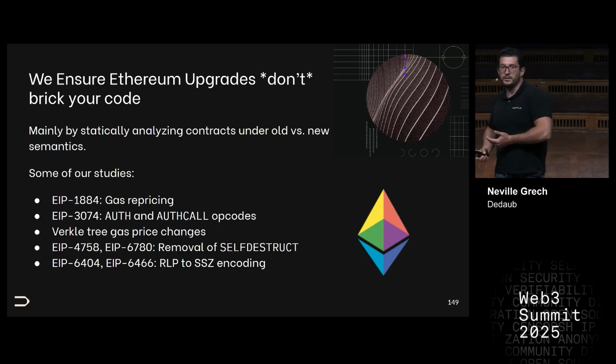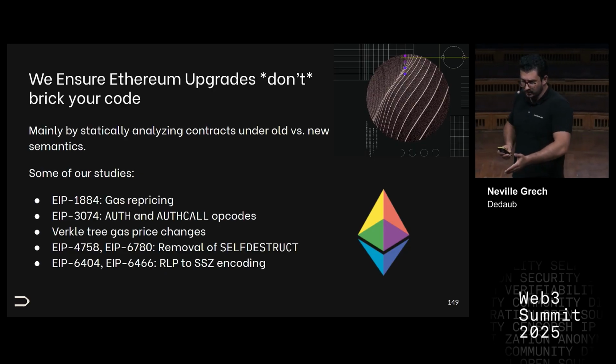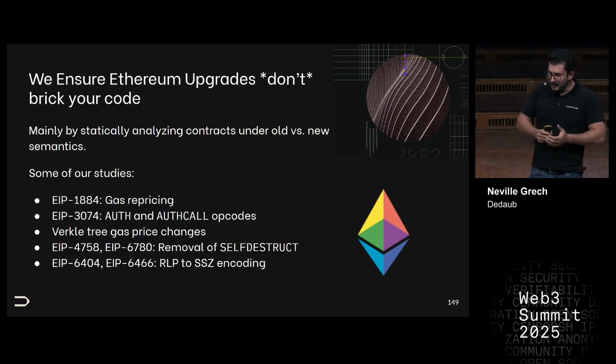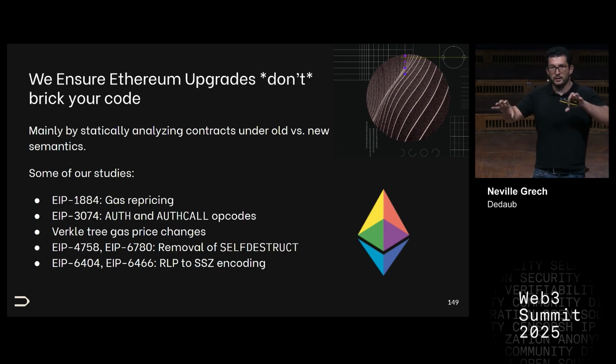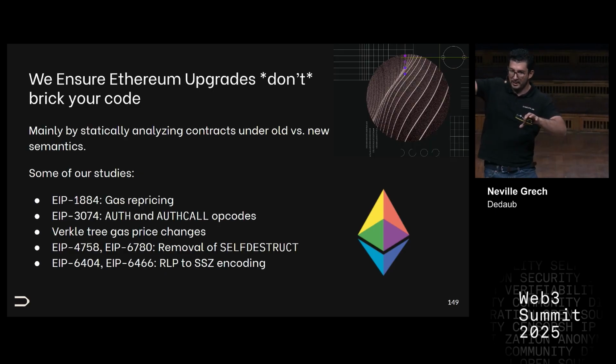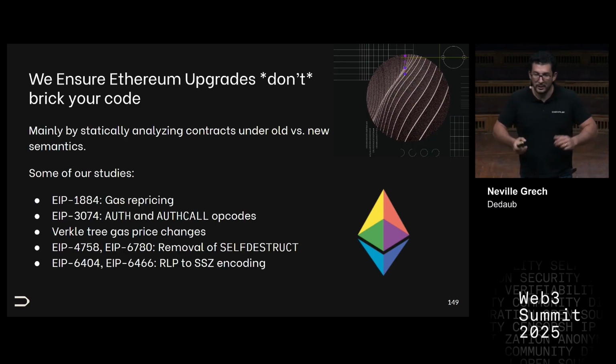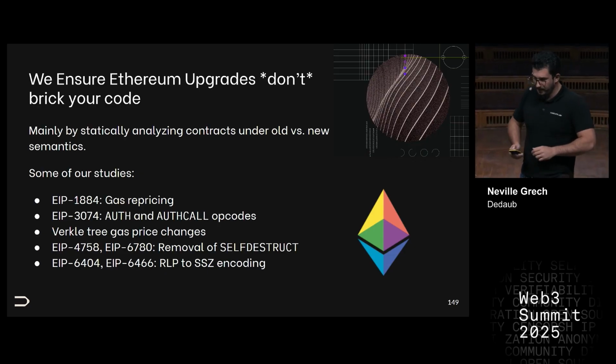So we've done a lot of studies with the Ethereum Foundation. The last one we did was a few months ago. In these studies, what we usually do is we create two semantics of the Ethereum virtual machine. We see, does the contract work in this semantics, but doesn't work in the updated one? Then we need to look into it further.